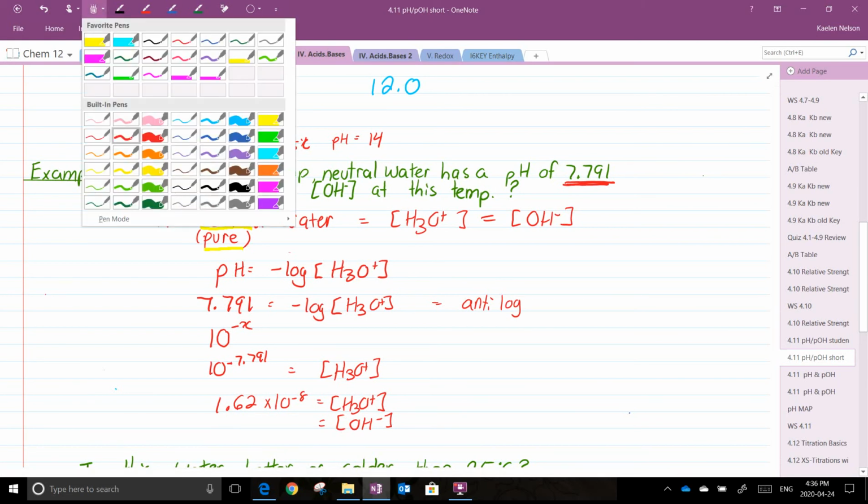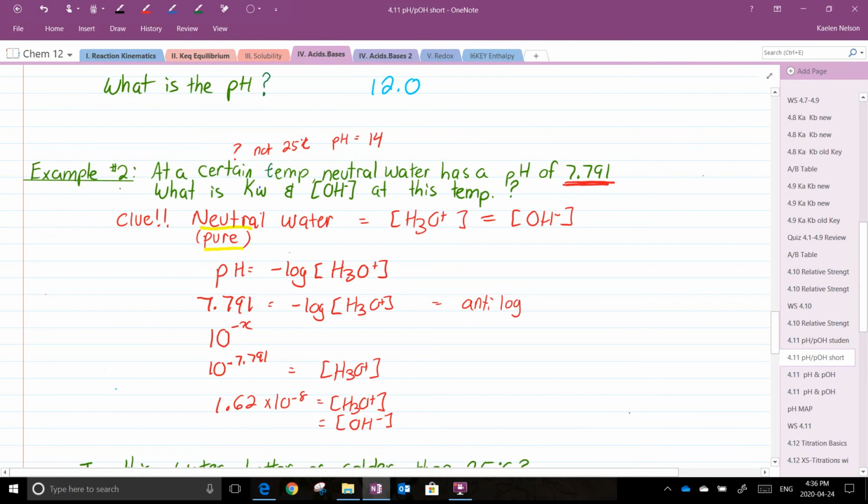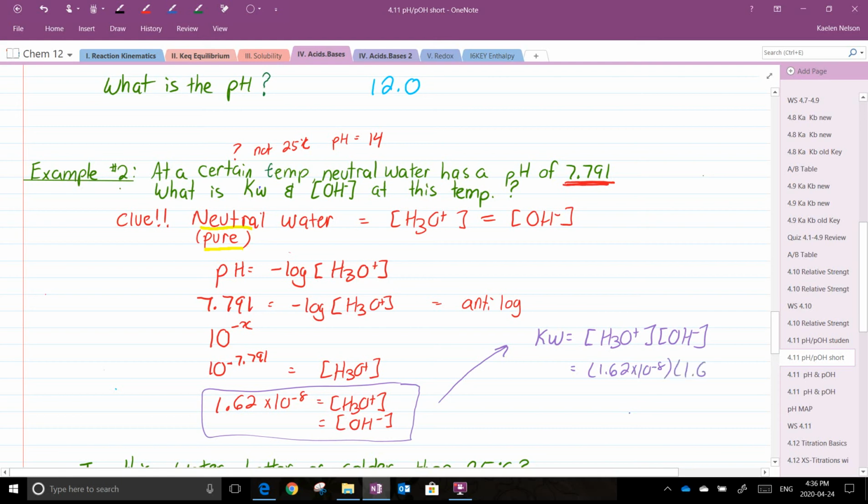The second piece of our question, I'm just going to switch to a different color here, so that's this part here gave us our first answer, and now we need to solve for Kw. So Kw is H3O plus times OH minus. Okay, and we know that both of those numbers will be 1.62 times 10 to the minus 8, so you can just do squared or you can type them both in.